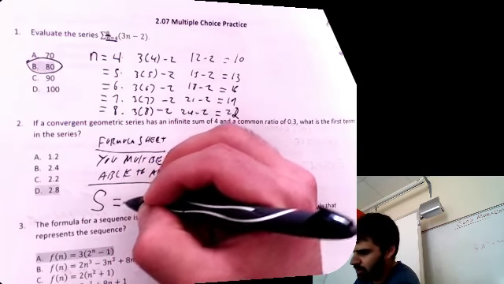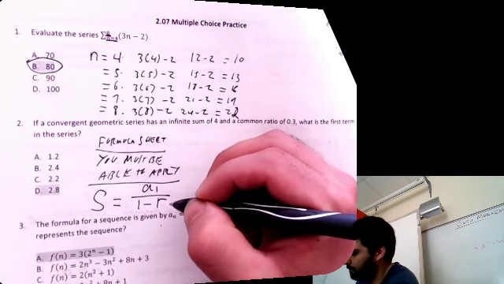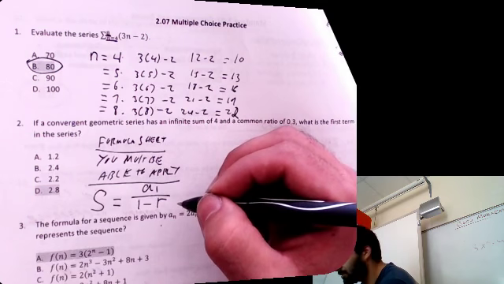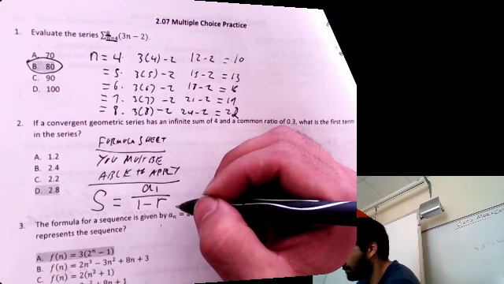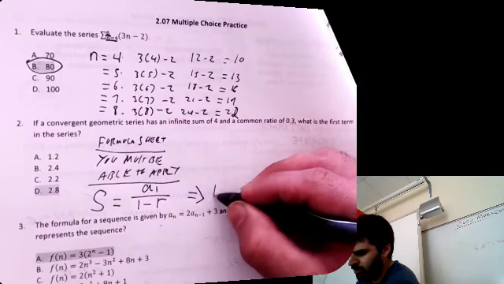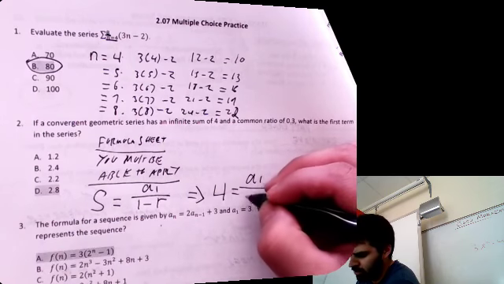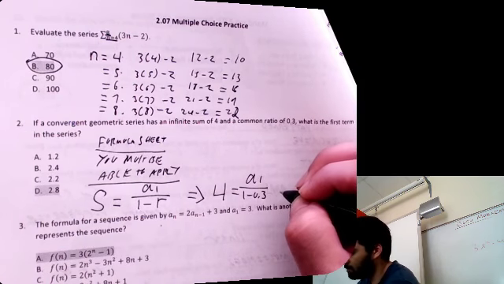S is equal to A1 over 1 minus r. So that means that 4 is equal to A1 over 1 minus 0.3.